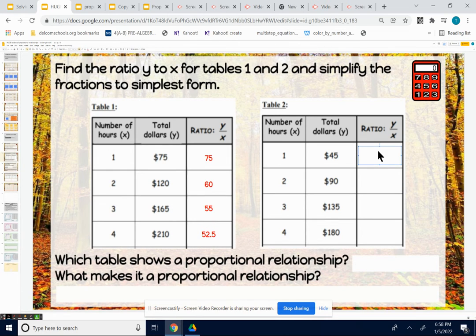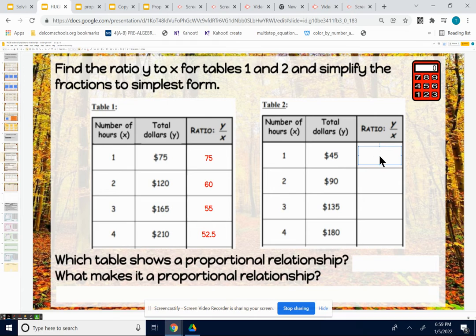I don't know. In the second table, after an hour, this person's made $45. After 2 hours, 90. After 3 hours, they've made a total of 135. And after 4 hours, they've made 180.